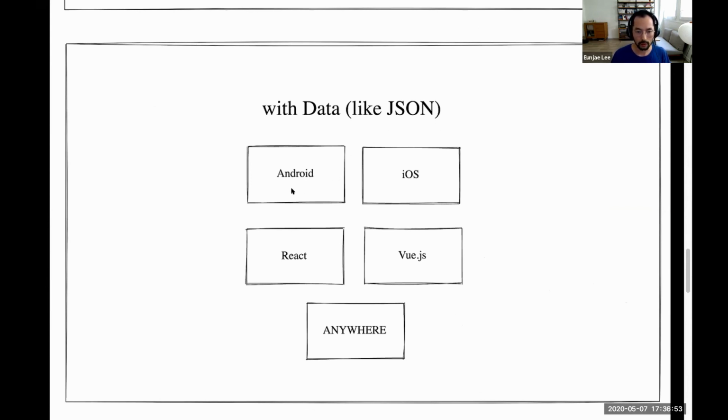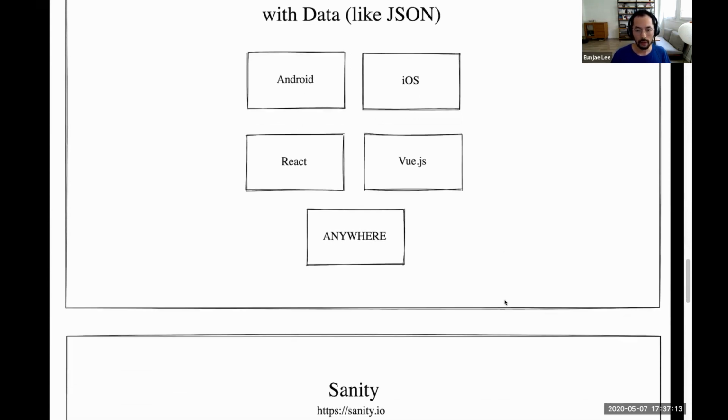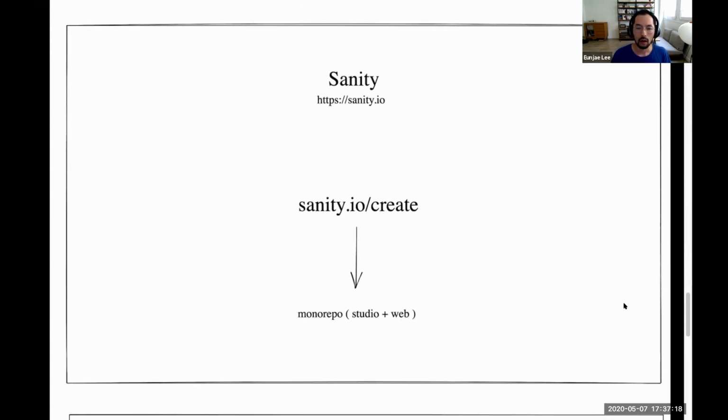We can build apps on Android or iOS with the data. We can render native components there, and we can use React, we can use Vue, we can use it anywhere. It's just data. So we can build native components and web, everything.